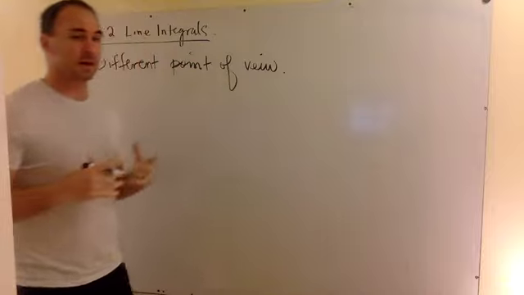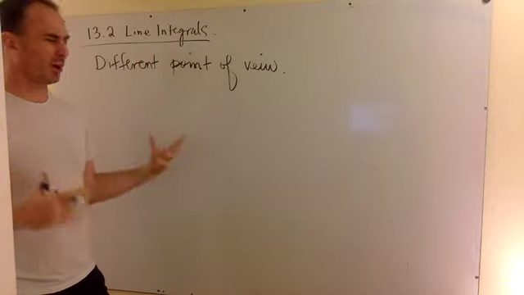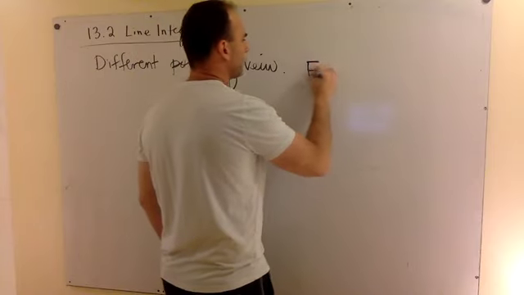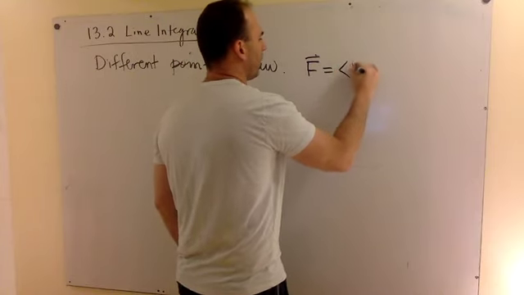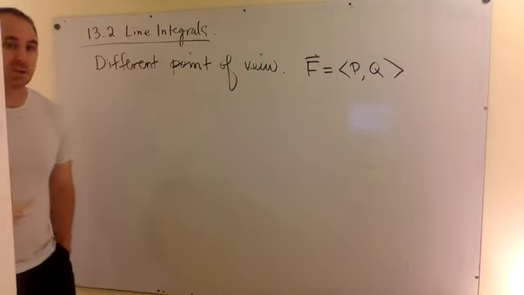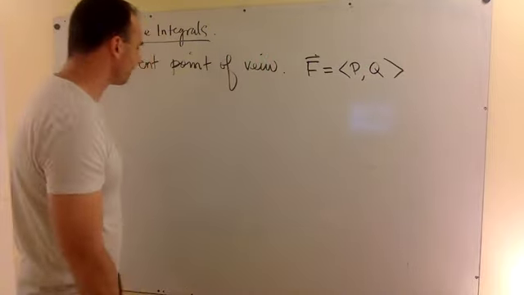And you'll see some of the questions on the homework are written this way. Say I have a vector field, I'll write it like this, P, Q. P and Q are functions; usually you suppress the variables.